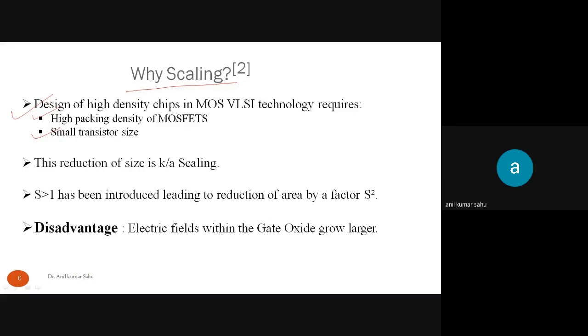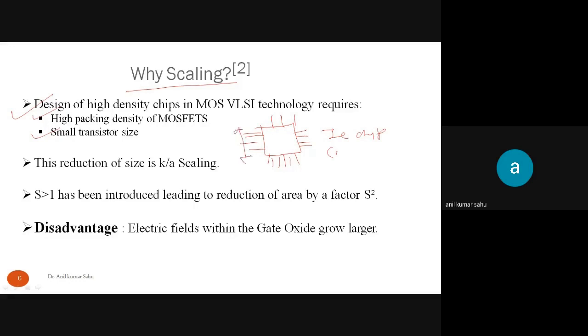MOS VLSI technology requires two things: high packaging density, where we want to fabricate more billions of transistors in smaller IC chips, with billions and trillions of transistors.